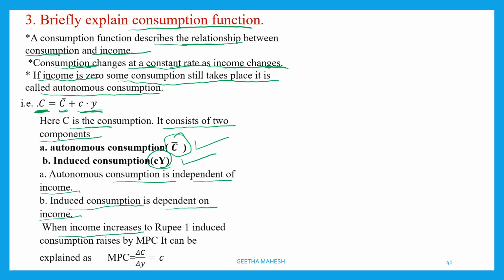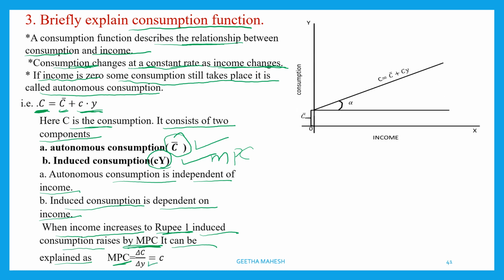When income increases by 1 rupee, induced consumption rises by MPC. That means induced consumption depends on the marginal propensity to consume. It can be explained as MPC equals change in consumption due to change in income.